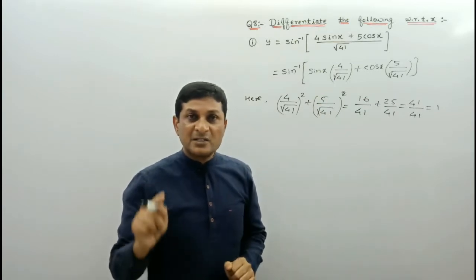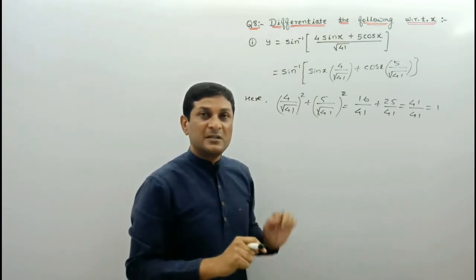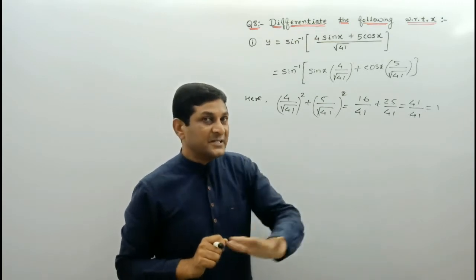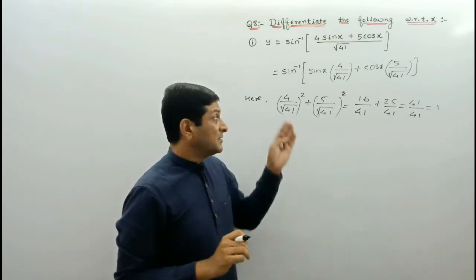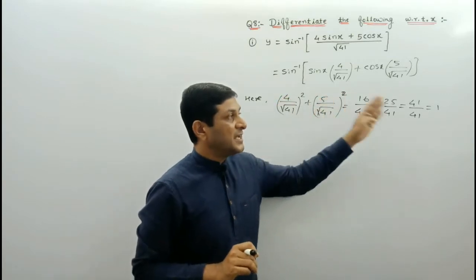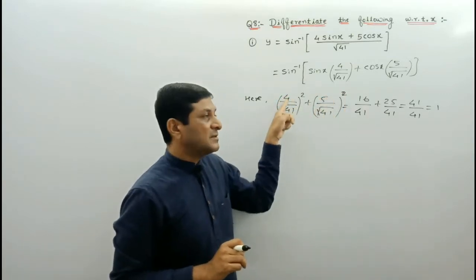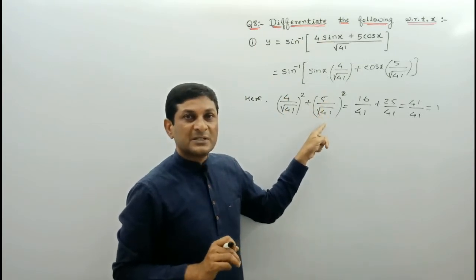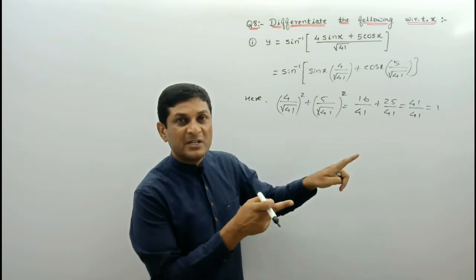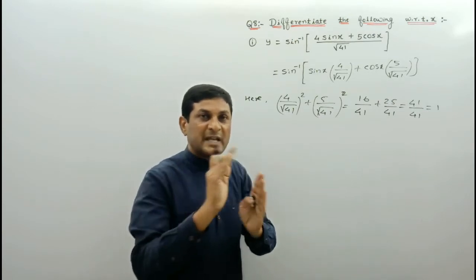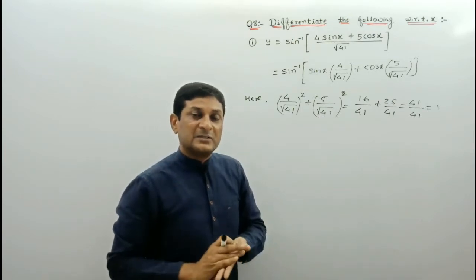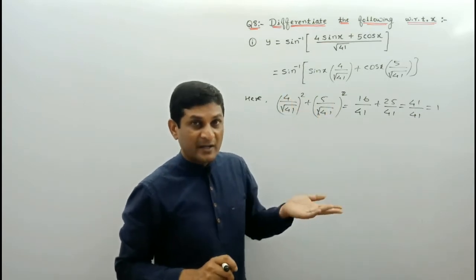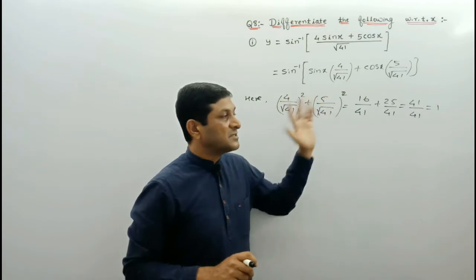Means what we have proved here is that the sum of squares of these two numbers is equal to 1. Even we know that the sum of squares of sine and cos is also equal to 1, and here these numbers satisfy the identity. Which identity? That sine square theta plus cos square theta is equal to 1. Means if I am denoting this number by sine and this number by cos, as the sum of squares of these two numbers is also 1 and sum of squares of sine and cos is also equal to 1, that's why we are able to denote this number by sine and this by cos, or denote this number by cos and this number by sine.